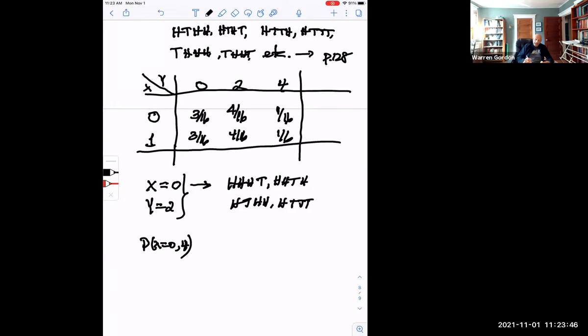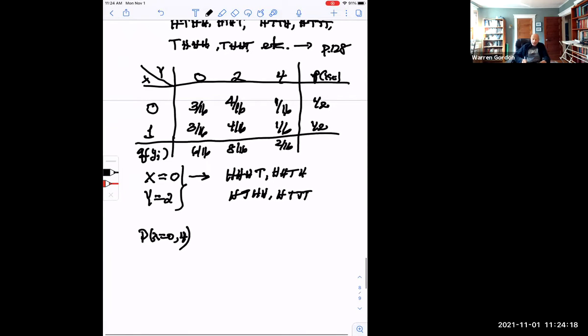So now, totaling the sum of the rows, this is a half. This turns out to be a half when you add them up. This is 6 out of 16, 8 out of 16, 2 out of 16. They're called the Q's. So I have this distribution, and I can answer any question I want about this.